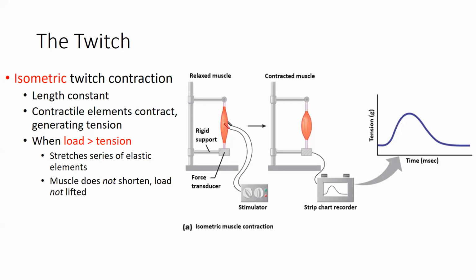Now what's happening here is the contractile elements are generating tension. So remember we said the contractile element is the body or the belly of the muscle. Okay, it's generating tension, so it's contracting. You can see here, it's contracting or tightening up. But the series elastic element, so the tendon, is going to extend in such a way that it cancels out the contraction of the muscle.